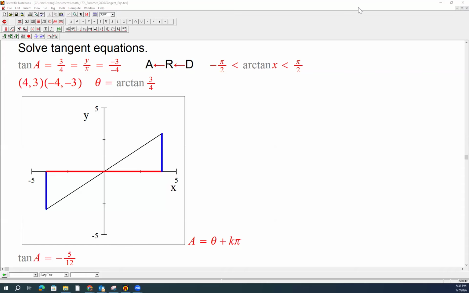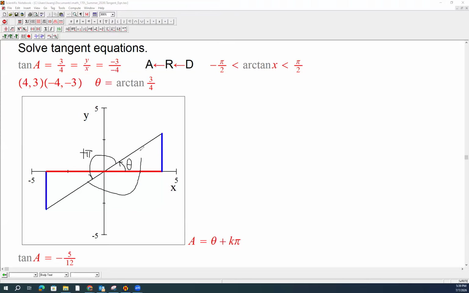Let's see how the solution works. Once we get theta, this is theta, right? Theta plus 1 pi, if k equals 1, we get to the other terminal. So the other terminal is covered by this expression.